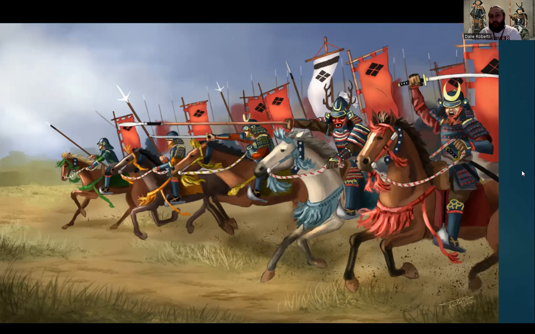In fact, it was during Takeda Shingen's reign that the Takeda became known as a horse army, as a cavalry army.